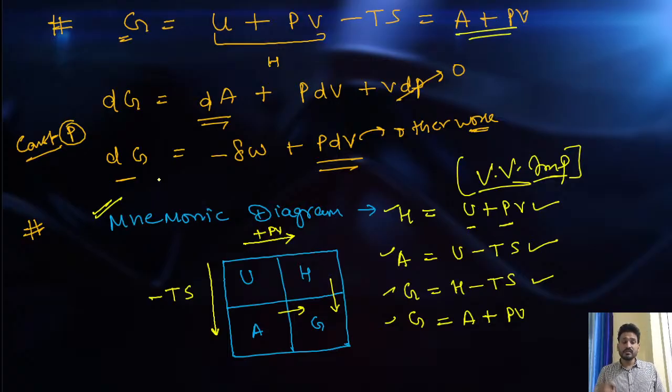Because you have to solve so many questions on it, these things will be in your unconscious mind, and there is no need to put any effort to remember these equations, because you have to use them so many times. So that is it for today's class, guys.